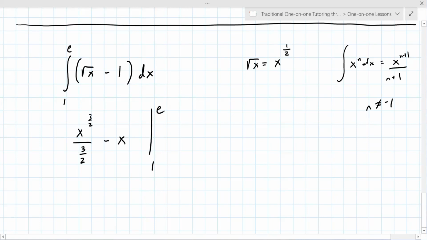And then you do e to the 3/2 over 3/2 minus e, minus 1 to the 3/2 over 3/2 minus 1.